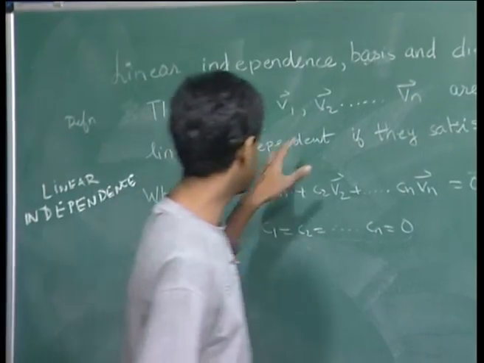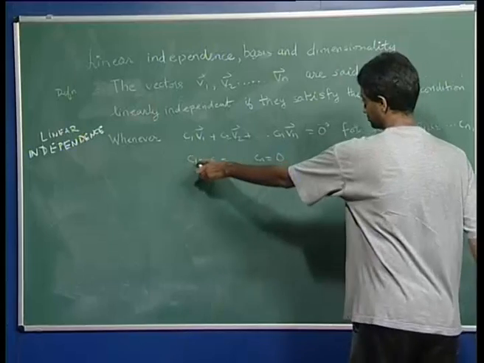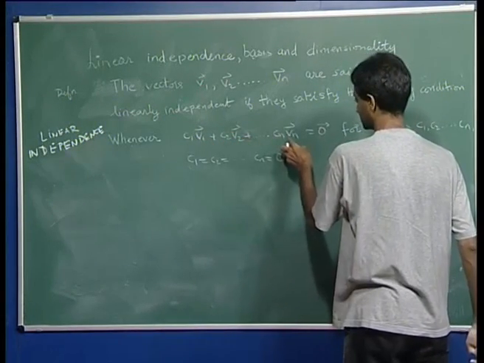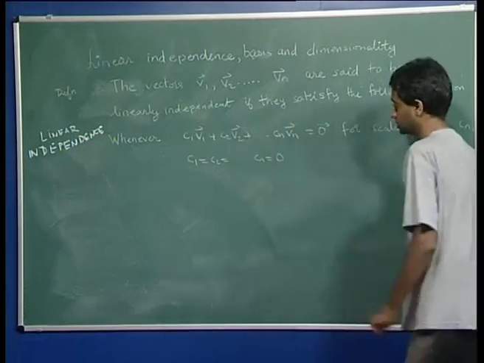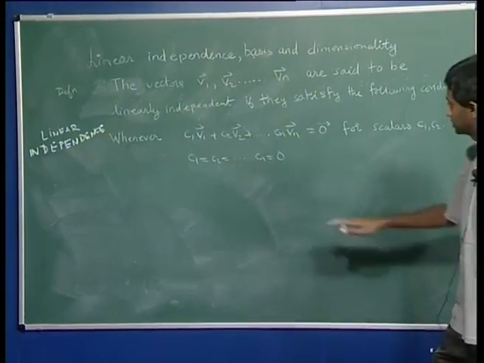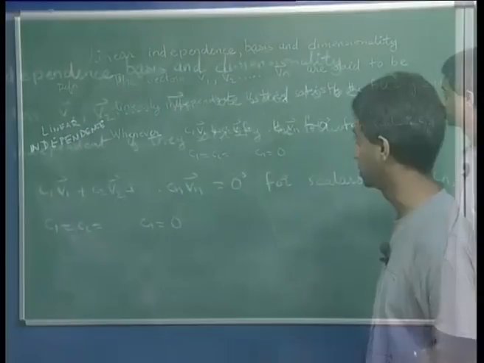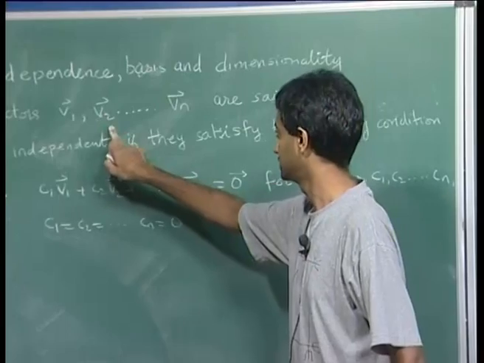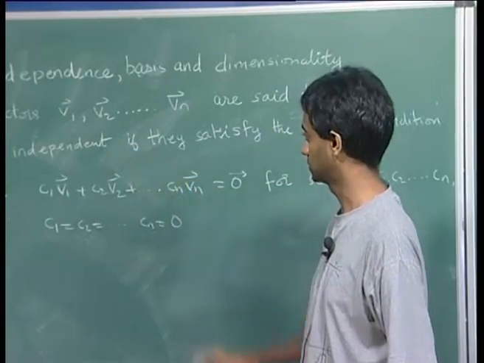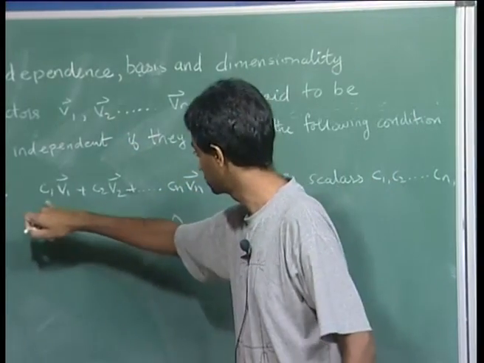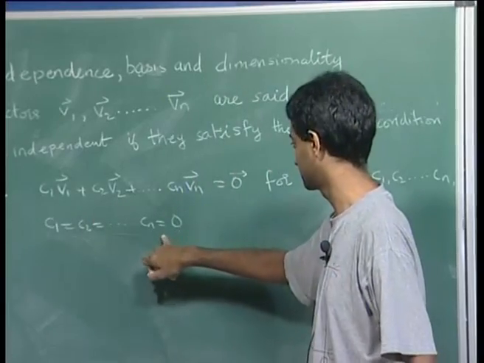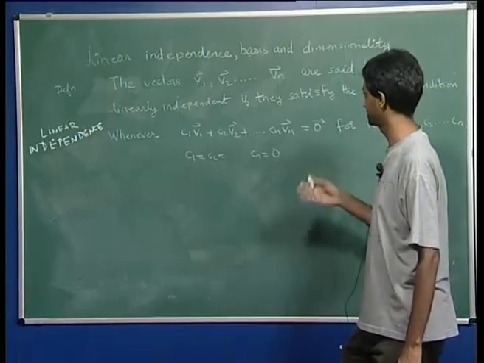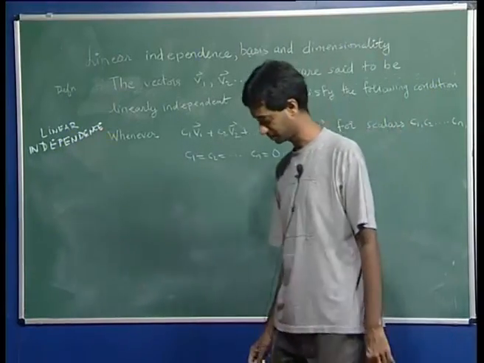If there exists some combination of C1, C2 up to Cn such that not all of them are 0, that means these equations have a non-trivial solution, then these vectors are said to be linearly dependent. So if there exists no other solution other than this, then they are said to be linearly independent, and if they are not linearly independent, they are said to be linearly dependent.